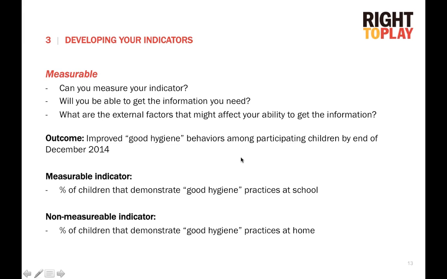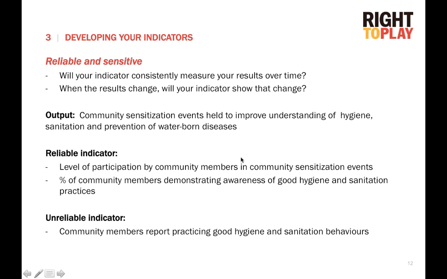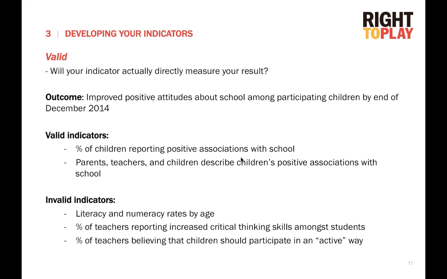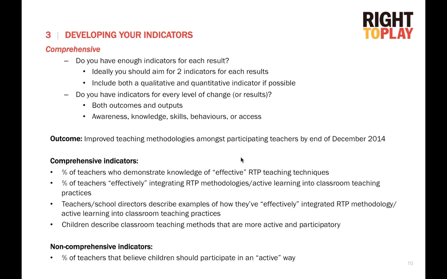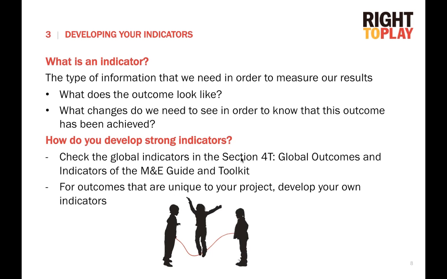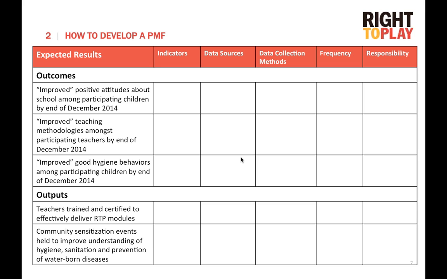I'm looking at the slides. There's two slides that Kristen showed that have outputs on them. One is that she showed that teachers are trained and certified to effectively deliver modules. So that one is an output because it is the completed action.